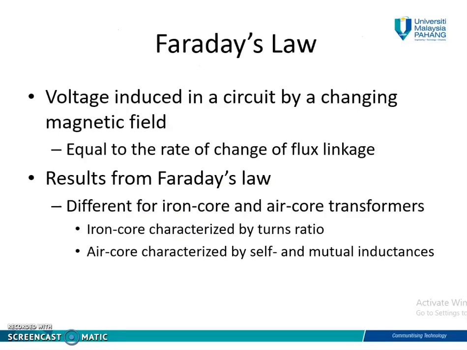In Faraday's law, the voltage induced in a circuit by a changing magnetic field is equal to the rate of change of flux linkage. The results from Faraday's law differ for iron core and air core transformers. The iron core is characterized by turns ratio, while the air core is characterized by self and mutual inductance.